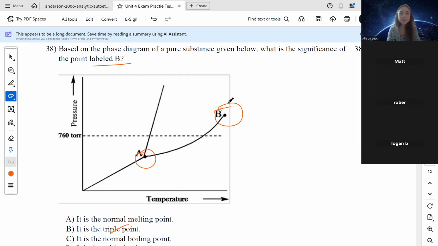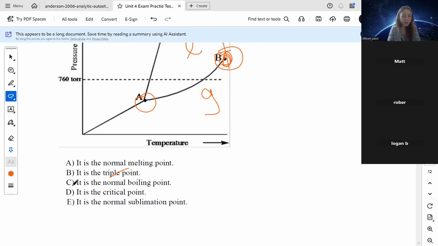If you remember B, this is the critical point where we could have a supercritical fluid, kind of like between a liquid and a gas here at point B. Where the pressure is high enough that it wants to be a liquid, the temperature is high enough, it wants to be a gas. So at point B, we get the critical point. Answer choice D.